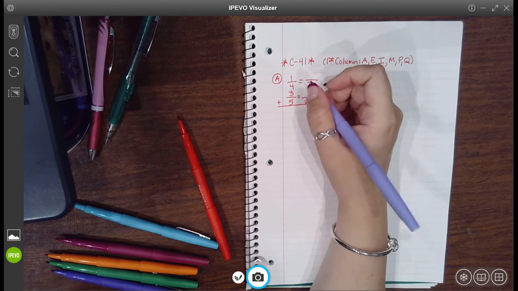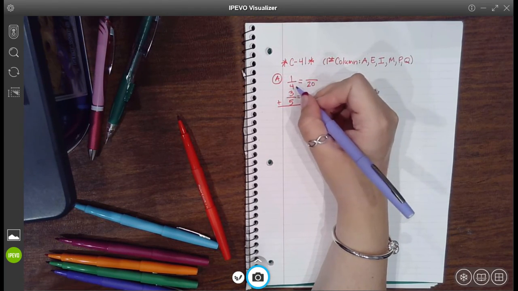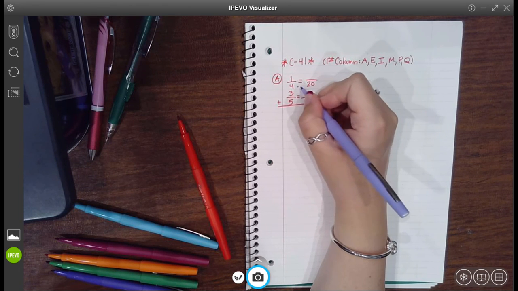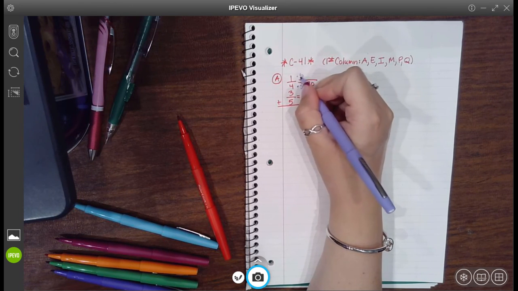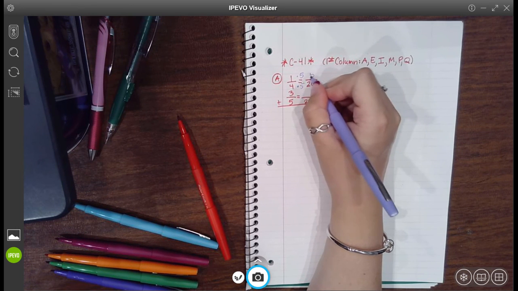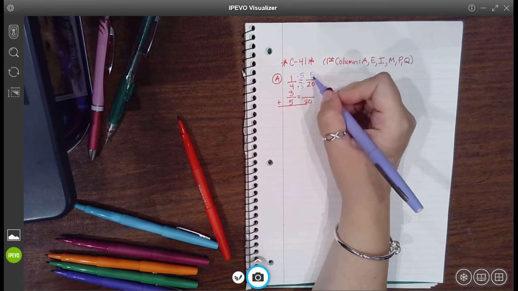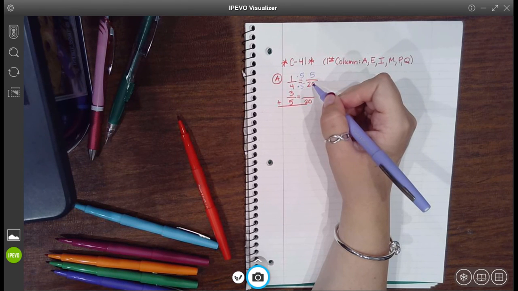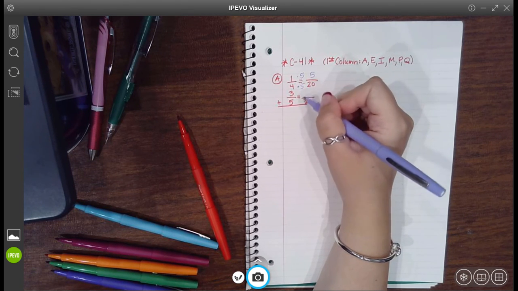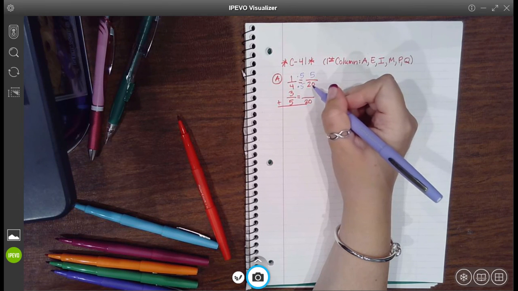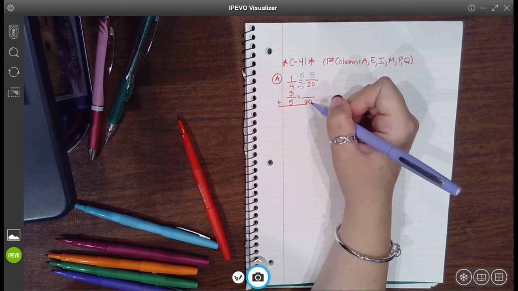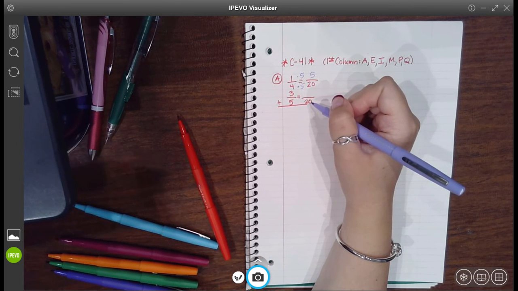So that's my LCM, or common denominator. Then you want to rewrite equivalent fractions. So 4 times what is 20? 5. So do the same thing on top. 1 times 5 is 5. Now you have an equivalent fraction to 1/4. You have 5/20ths. And the reason I'm doing this is so that then I'll create another equivalent fraction here, but with common denominators, because you can't add or subtract until you have a common denominator.